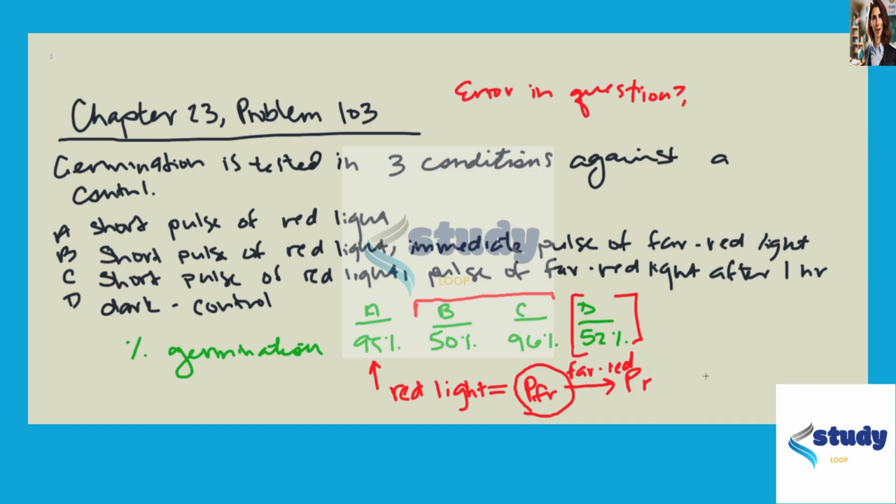Which suggests that PFR, or active phytochrome, has already begun its effects in germination and can't be reversed by the far red light or the conversion to inactive phytochrome. So the best answer choice for this experiment is D.